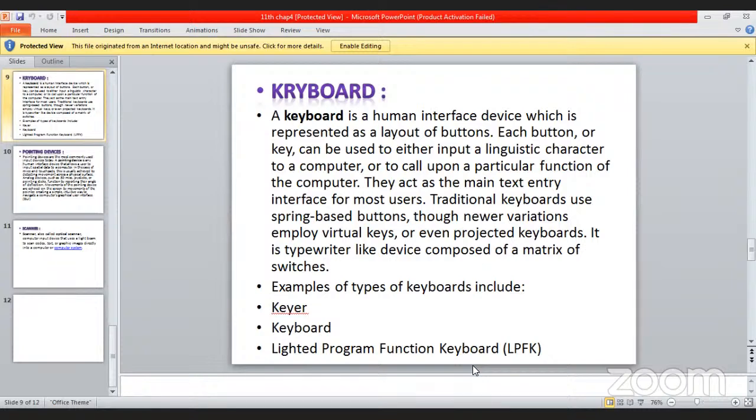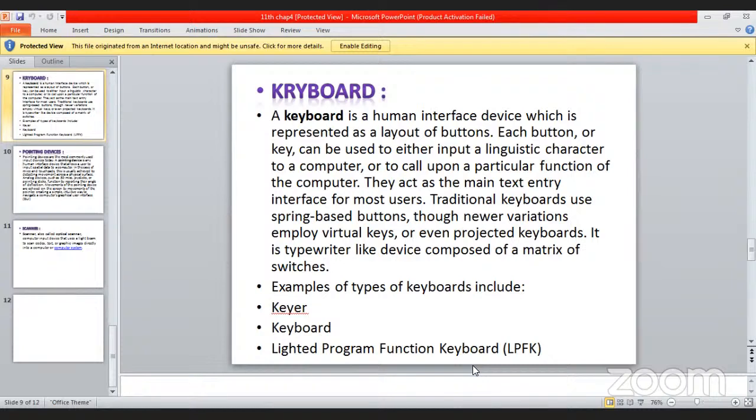This keyboard is lightweight and smaller in size also. These keyboards have a transmitter and a transceiver. The transmitter sends the keystrokes as radio waves, which are received by the transceiver kept nearby on a parent device.